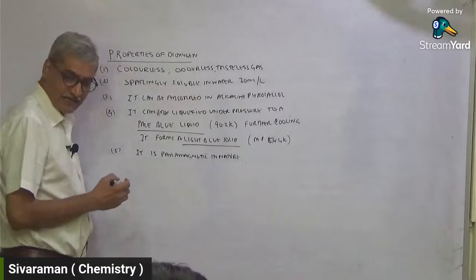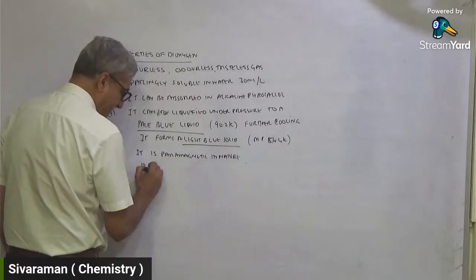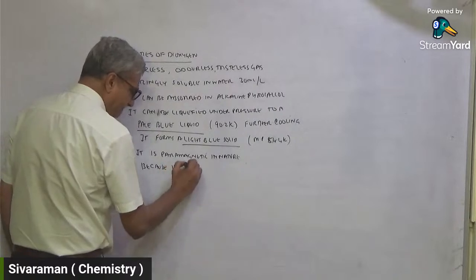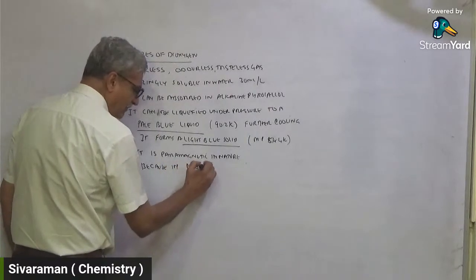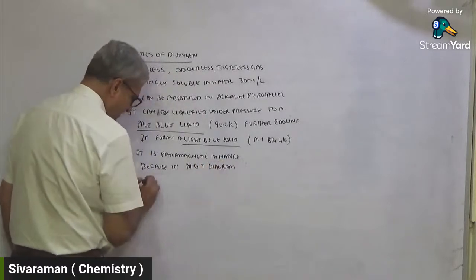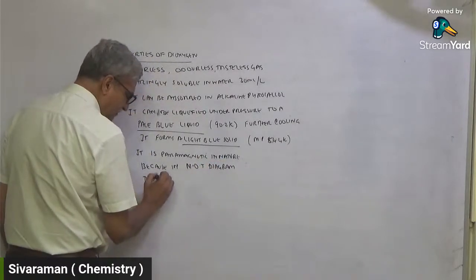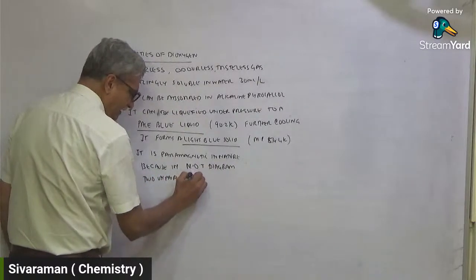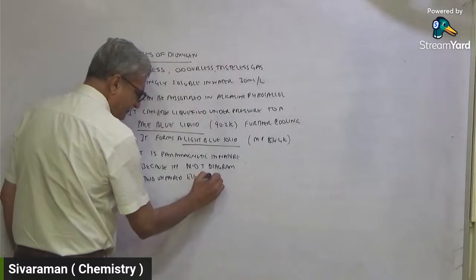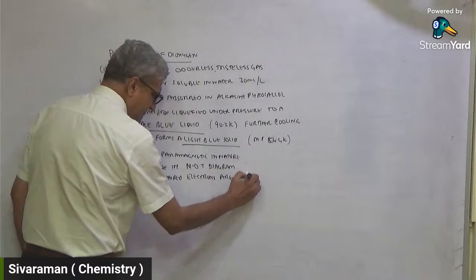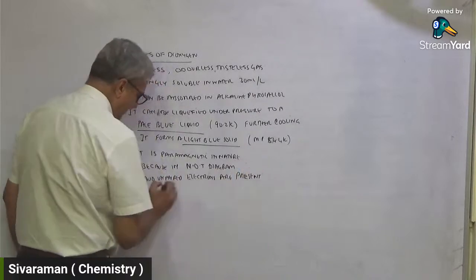It is paramagnetic because in the MOT diagram, molecular orbital theory diagram, two unpaired electrons are present where?